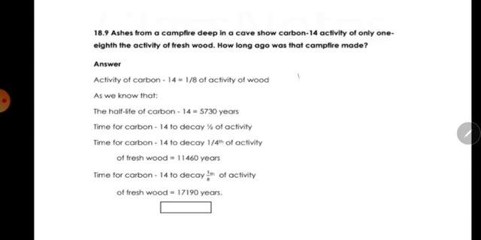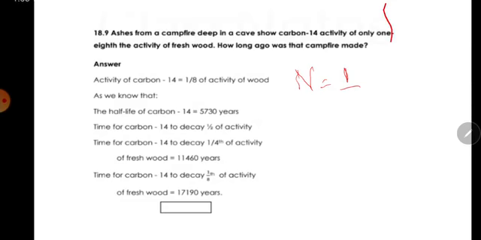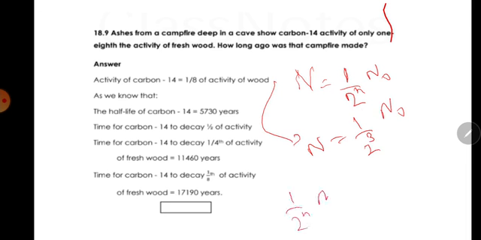N is equal to 1 by 2 power n, N naught, and the second equation that we wrote according to the condition of the question is 2 power 3, N naught. Compare these two. 1 divided by 2 power n, N naught is equal to 1 divided by 2 power 3, N naught. Cancel, 2 is cancelled with 2. n is equal to 3.